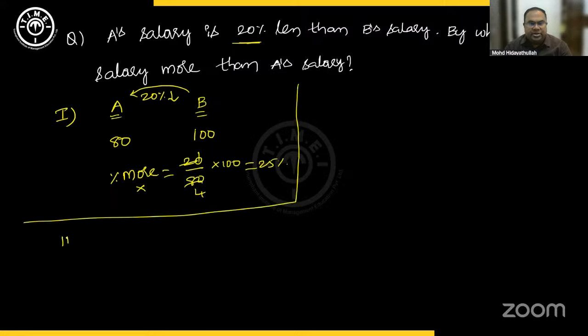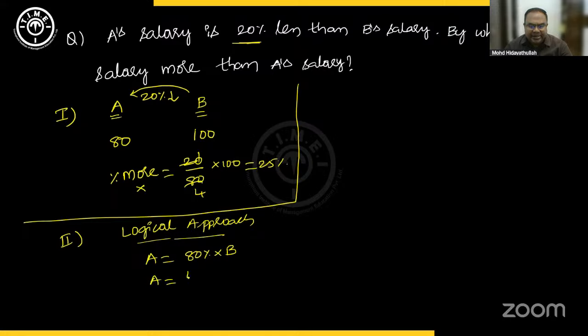Correct answer. Second one. Can I do this with a logical approach? Correct. B is 25% more. What is this approach? A is 20% less than B. That means A's salary should be 80% of B's salary, because total is 100 and A is 20% less.